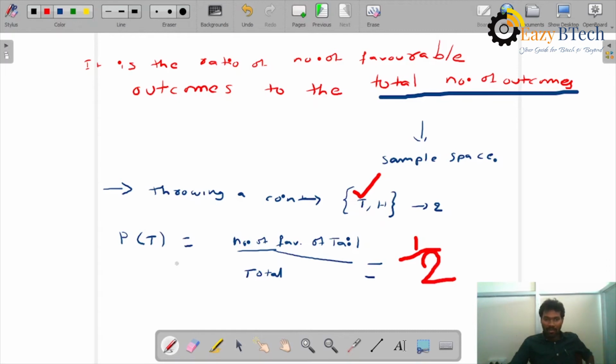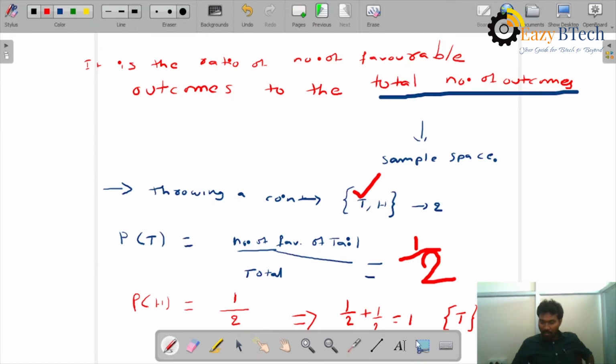Similarly, suppose you take the probability of getting a head. Here also the number of favorable outcomes of head is 1 divided by the total number of outcomes, 2. And I am giving one deduction here. What is 1 by 2 plus 1 by 2? It is equal to 1. That means the probability of getting a tail plus the probability of getting a head is always equal to 1.